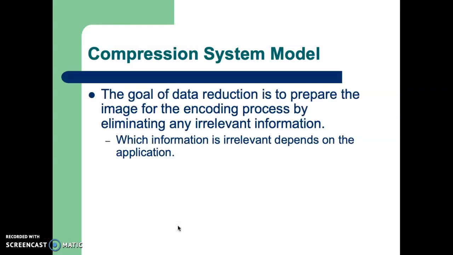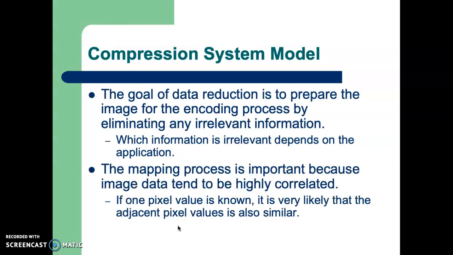So the goal of data reduction is to prepare the image for the encoding process by eliminating any irrelevant information. Which information is irrelevant depends on the application. Okay. So the mapping process is important because image data tend to be highly correlated. So if one image value is known, it is very likely that the adjacent pixel value is also similar.